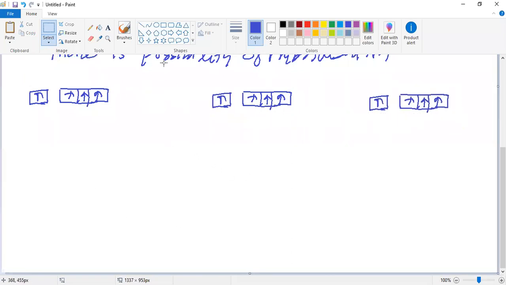So let us understand these various types of hybridization. You can see this is 2s, this is 2p, this is 2p, this is 2p. We are talking about carbon. Please remember that we have this carbon in the excited state.